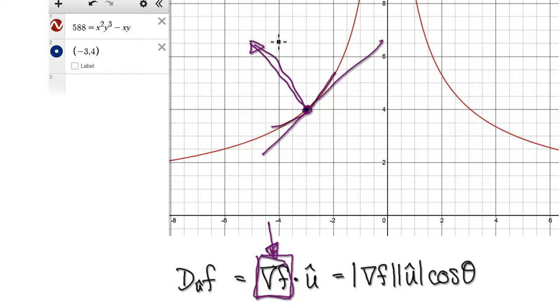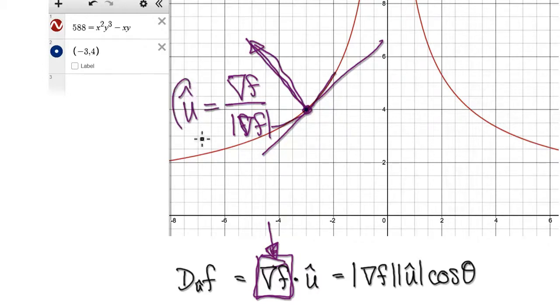It will give you some random vector, but then you want the unit vector, so you divide it by its magnitude. That will give you your unit vector, meaning the direction you should climb in order to climb its steepest.